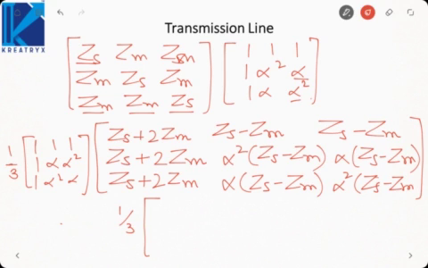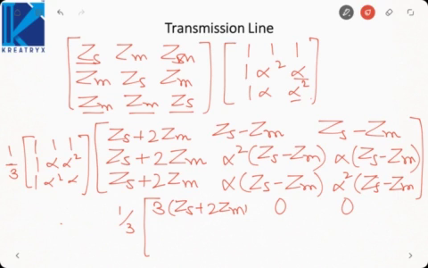First row into first column will give me 3 times Zs plus 2Zm. Then first row into second column will be Zs minus Zm multiplied by 1 plus alpha square plus alpha, that is 0. Then first row into third column will be Zs minus Zm multiplied by 1 plus alpha square, again 0.